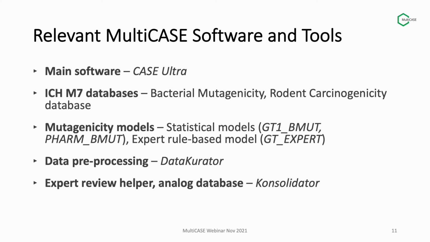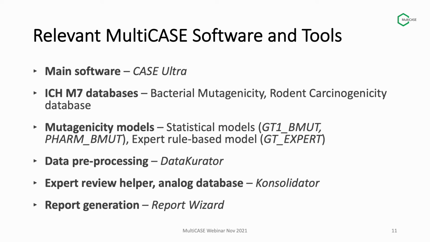We also have an expert review helper tool, which gives you evidence that I'll be talking about in the upcoming slides for doing the expert review, and that is called Consolidator. That tool is also used for searching for analogs, which is a very important part of an expert review process.